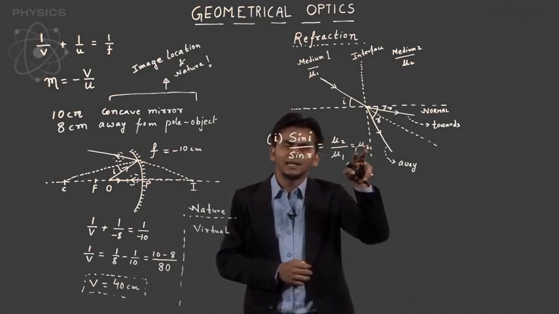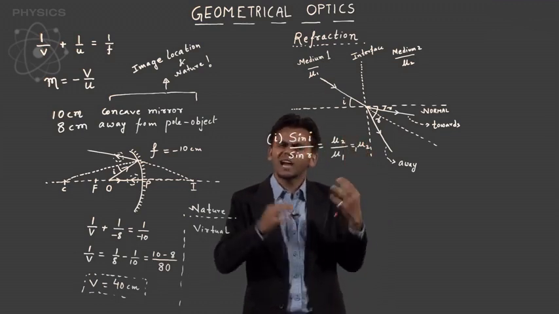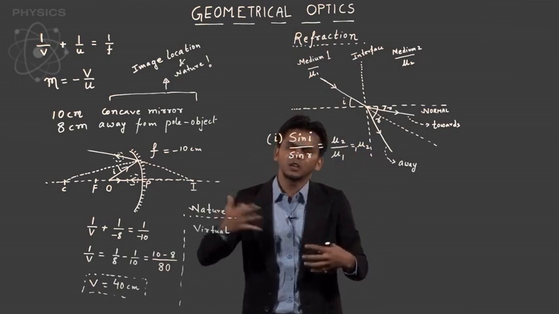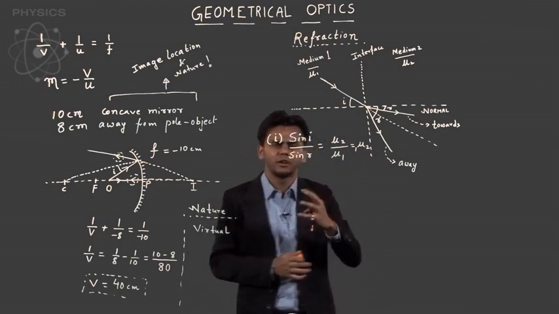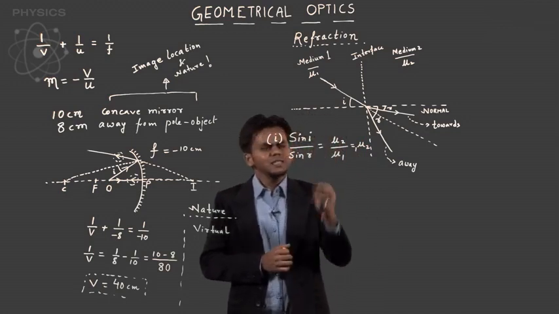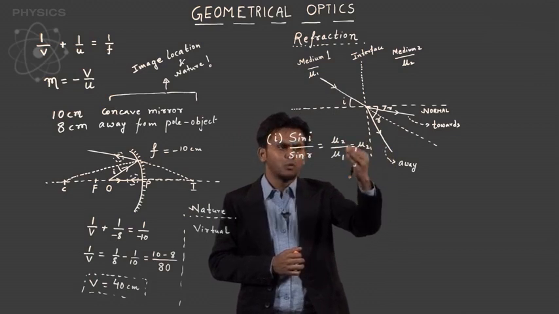This is the relative refractive index of medium 2 with respect to 1, which we touched upon in our initial discussion on geometrical optics when we were studying the speed of light in different media. This is the form which you would find in books. Sin I upon sin r is equal to mu 2 with respect to 1.